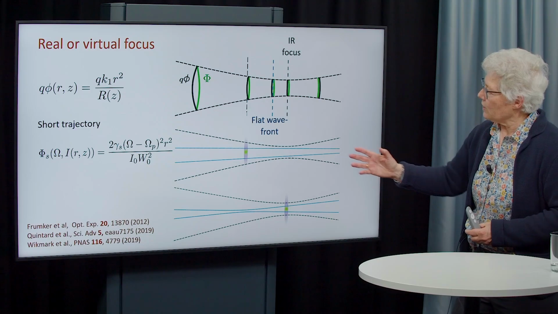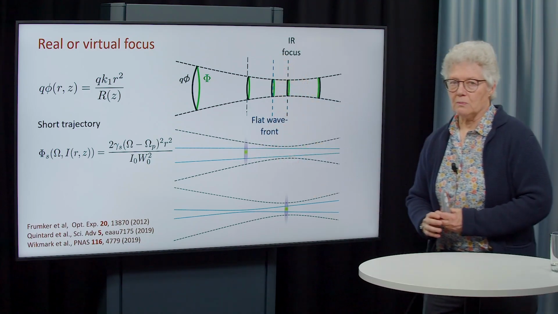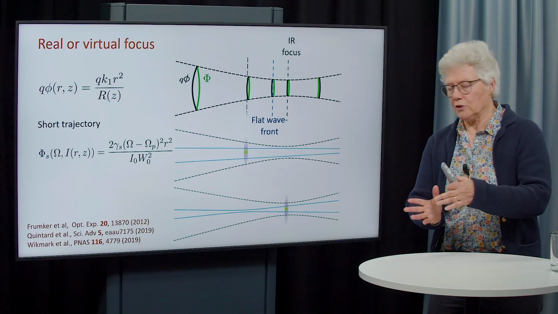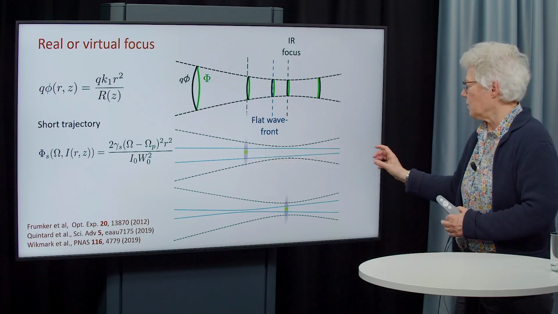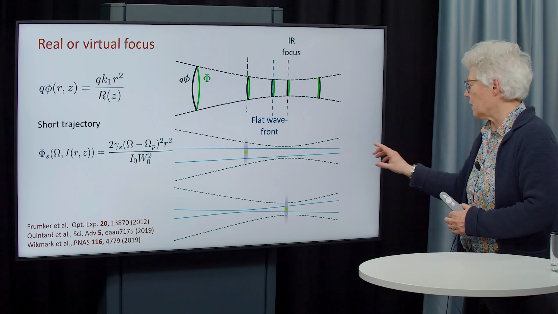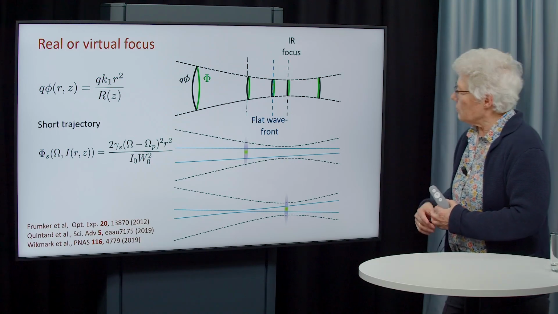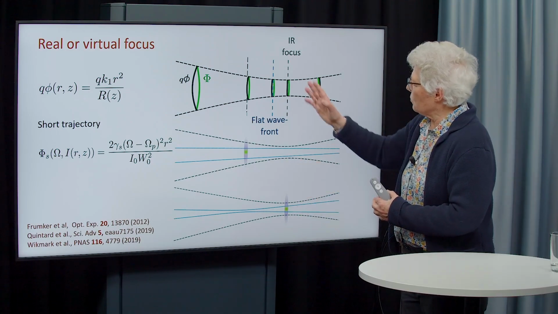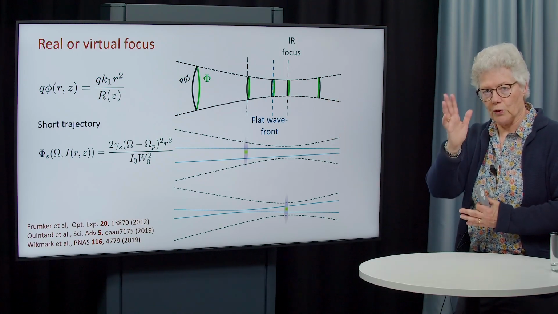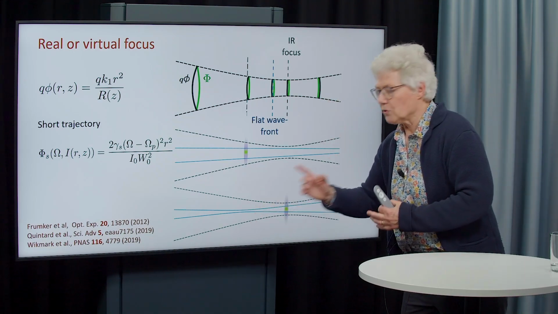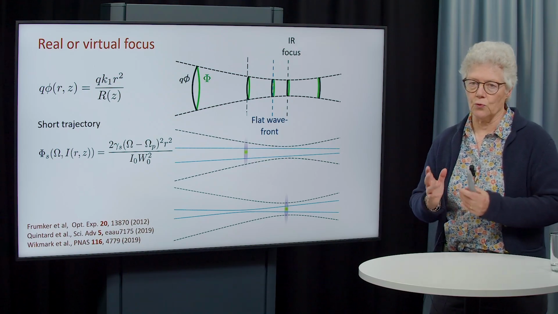If you are here, before this blue line, the harmonic will be generated in a converging beam with a focus on the right. It's a real focus. On the other hand, if the generating beam is on the other side of this flat wavefront position, then the focus of the harmonic will be before, and it will be a virtual focus.